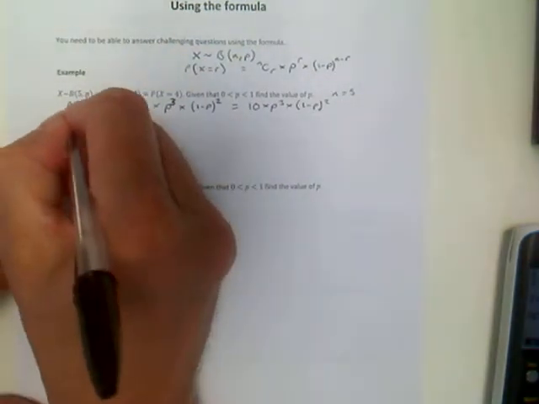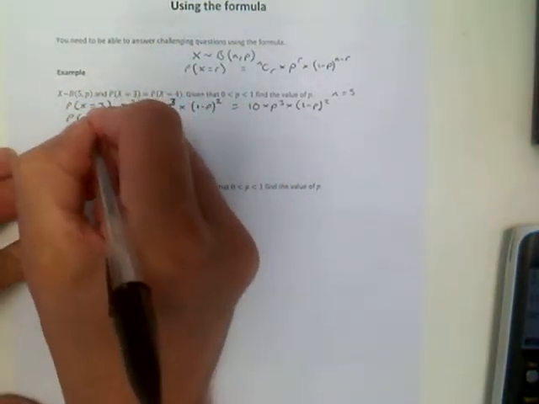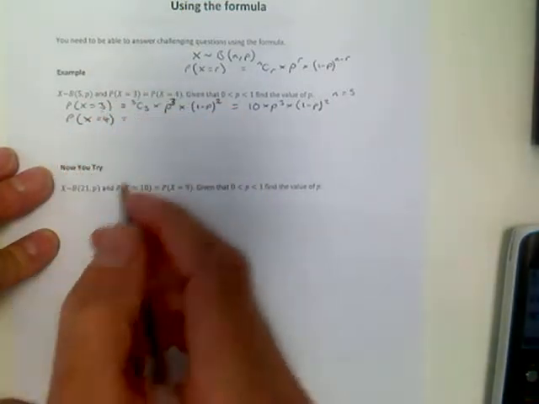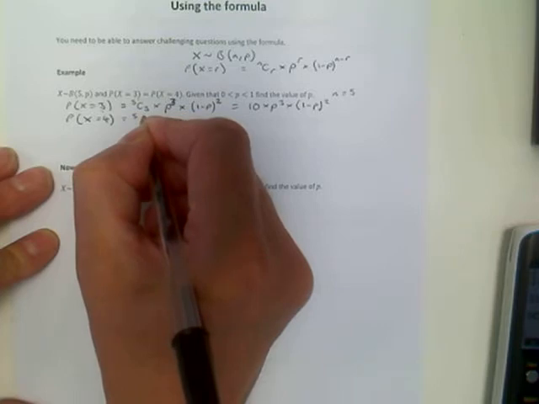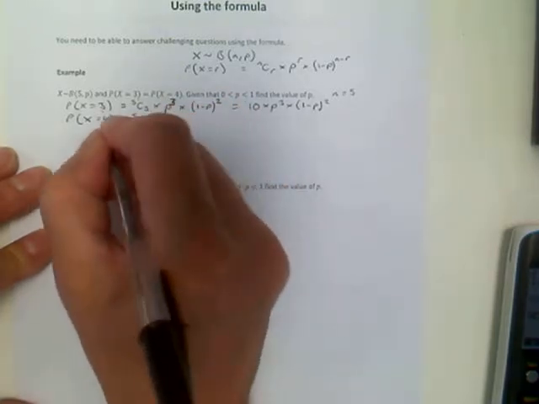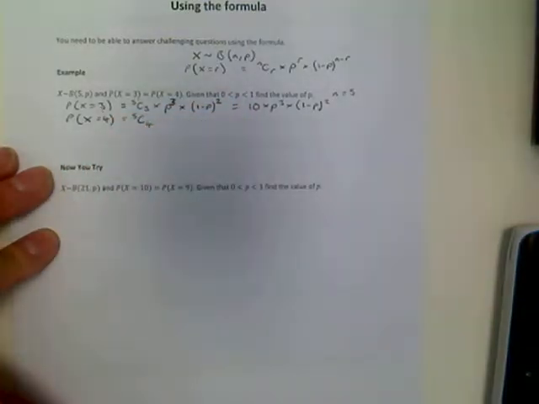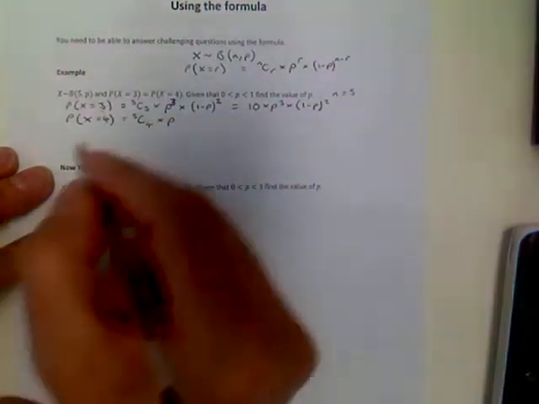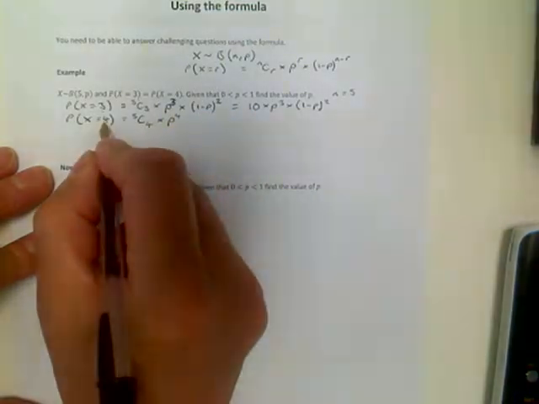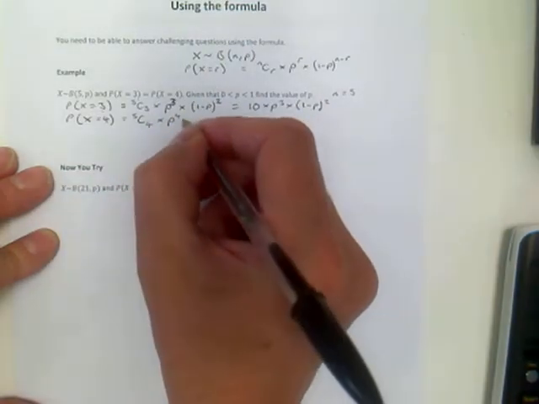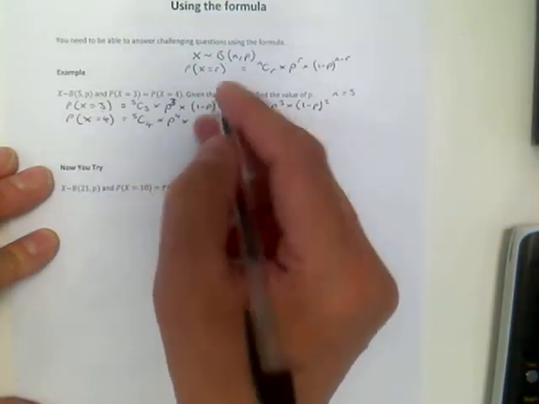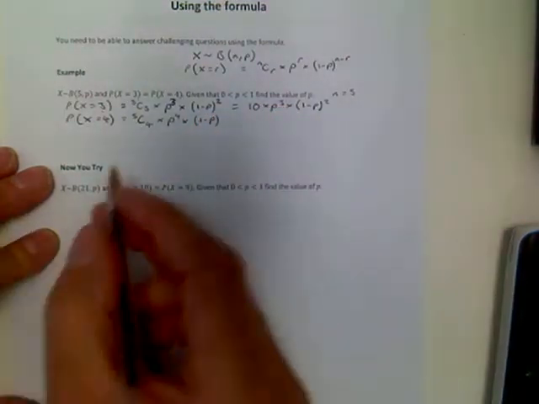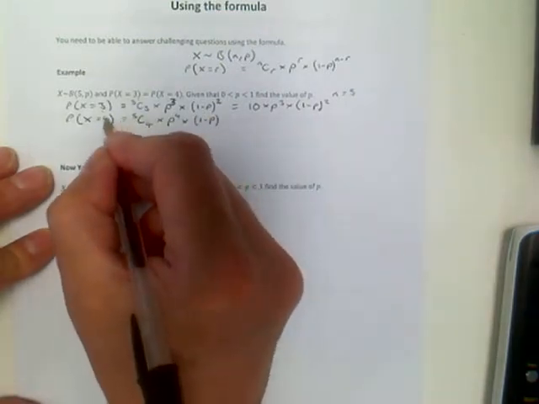So let's do the same thing for the probability of x being equal to 4, and this time my n is 5, so I've got my NCR, and my r is 4 this time. 5C4 times the probability, which I don't know, to the power of r, which is that, multiplied by 1 minus probability, which I don't know, to the power of n minus r.